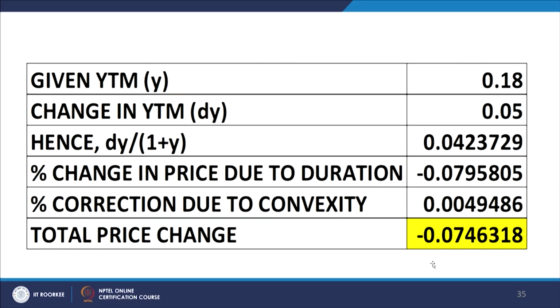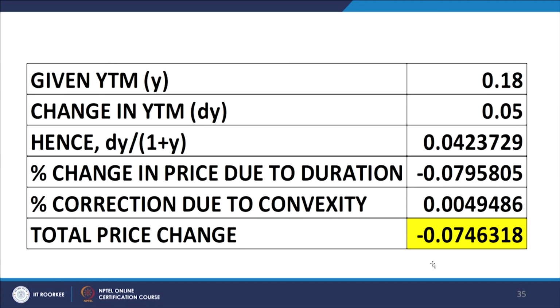And the correction due to convexity is given by C into (dy upon 1 plus y) whole squared, which works out to 0.004948. The total price change, if we incorporate the correction on account of convexity in the figure arrived at using duration, works out to 7.46% negative.